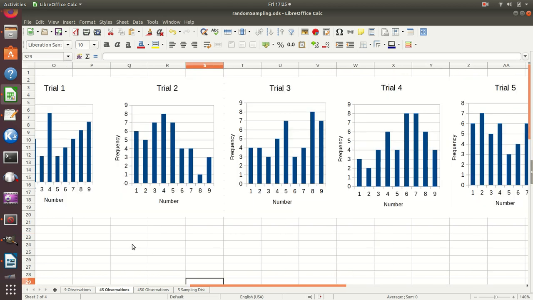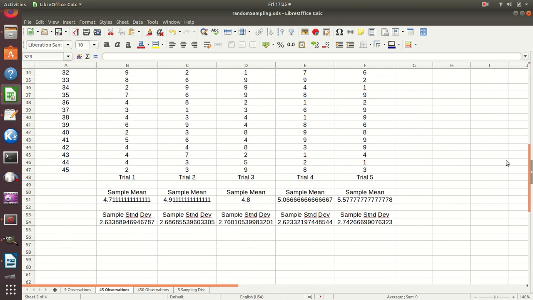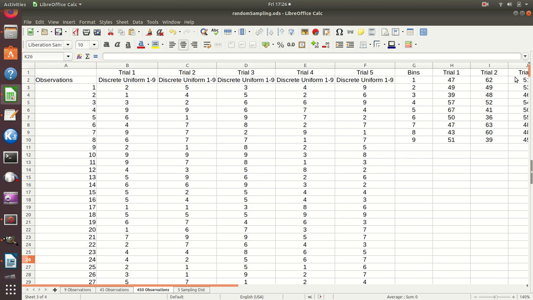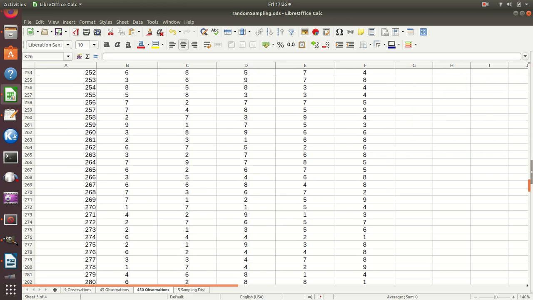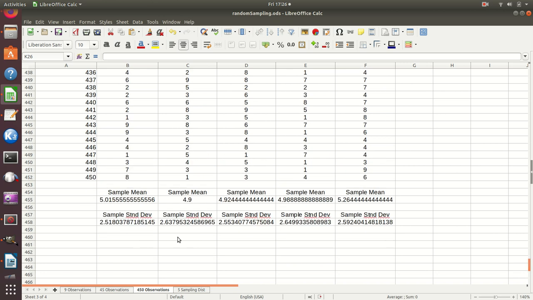And if we go to 45, I got to come over here and go way down to the bottom. But notice 2.6, 2.6, 2.76, 2.6, 2.74, and by the time you get down to 450, when you look at those, they're way at the bottom, but again, 2.5, 2.6, 2.55, 2.64, 2.59, it's looking like they're around 2.6.